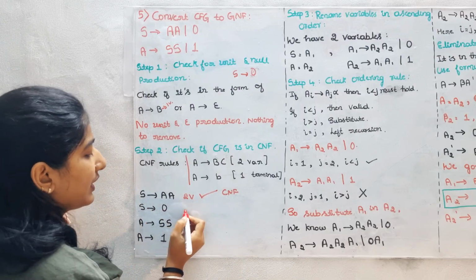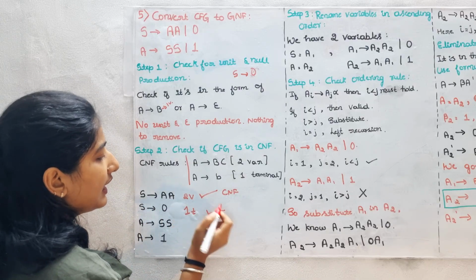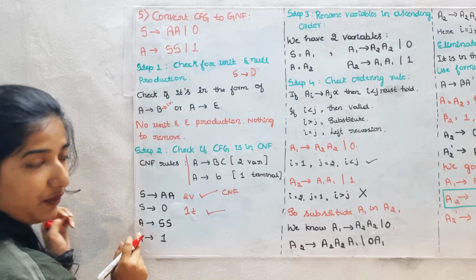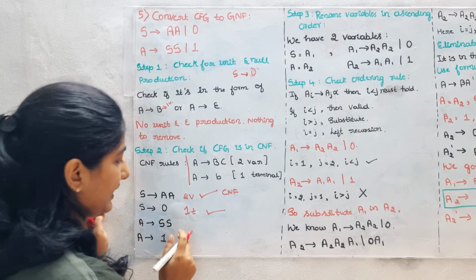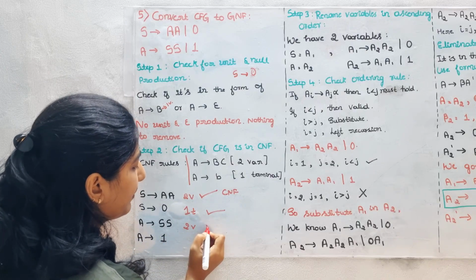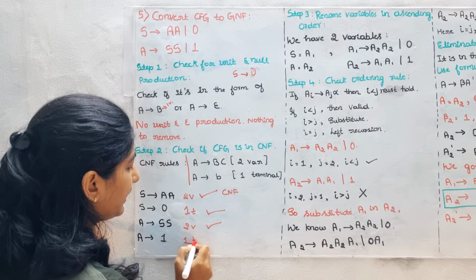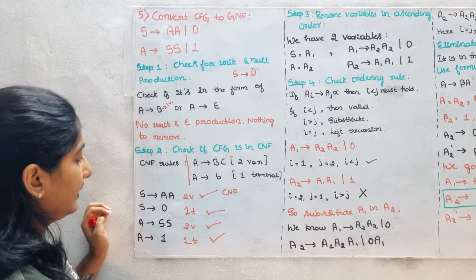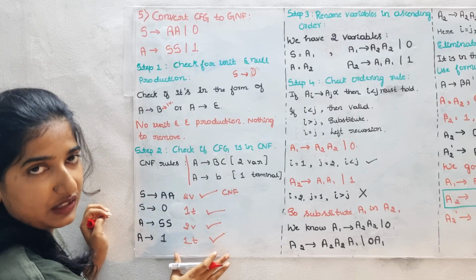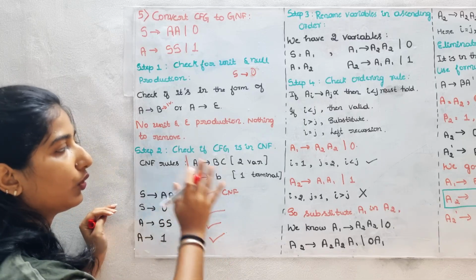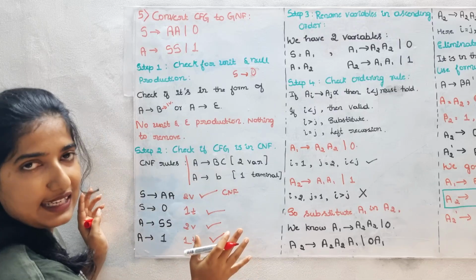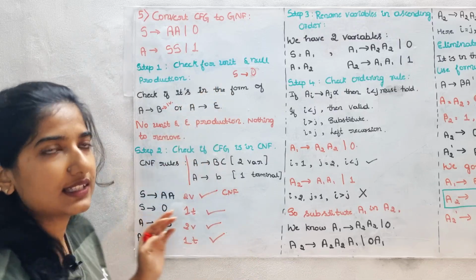And then S derives 0, one terminal, so this is also CNF. And A derives SS, this is also two variables, so valid. And then one terminal, this is also valid. So all the productions are in the form of CNF, so no need to convert it into CNF. So step 1 and 2 is done.